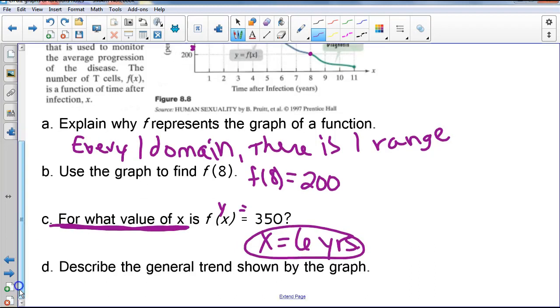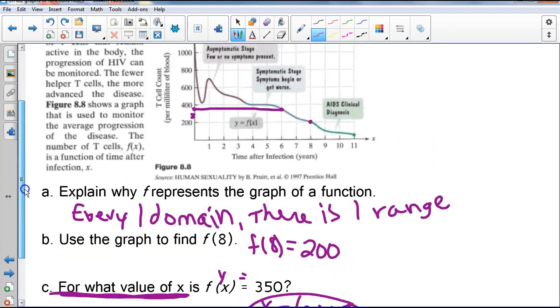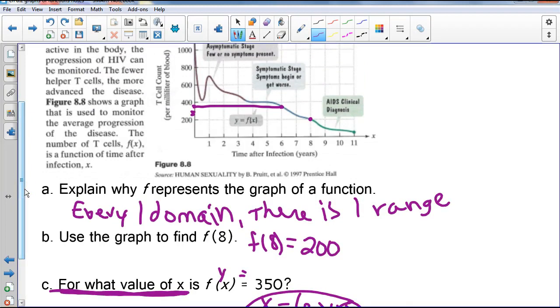Then it says describe the general trend of the graph. If we take a look at the graph, you have to be able to analyze it and describe it in words to someone. You can tell that initially, at 0 years, you have a very high T cell count. But then as years go on, your T cell count becomes less and less.